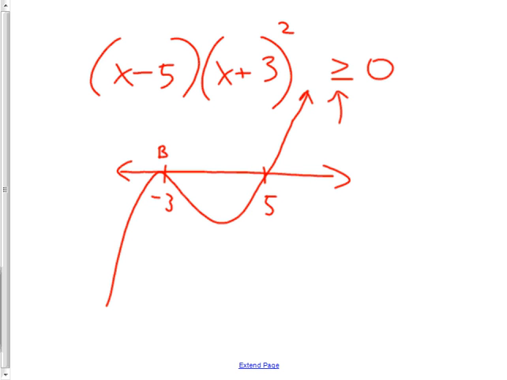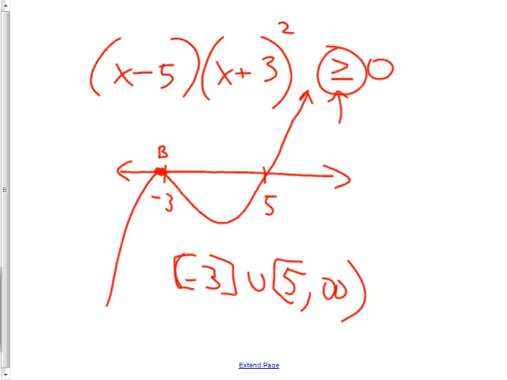Just a single one's fine. Okay, good. I'm getting lots of right answers this time. So that's the spot that's now included that's easy to forget. -3 works, so I usually like to write that in brackets, union with 5 works also because it's or equal, to infinity. There we go.